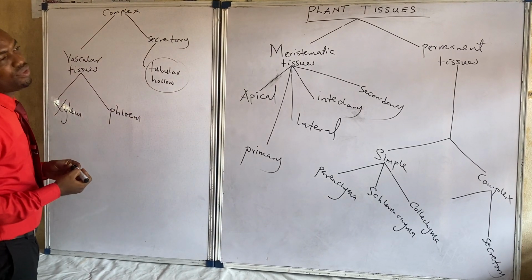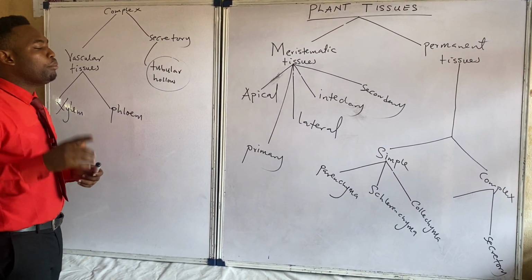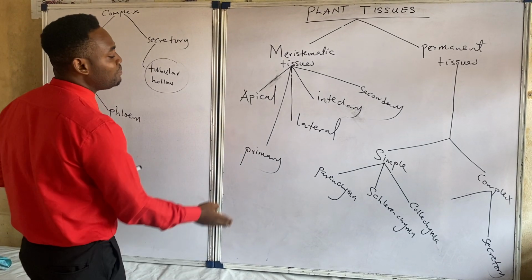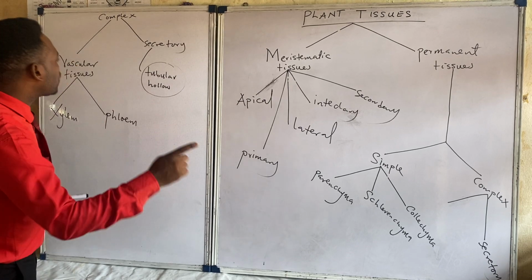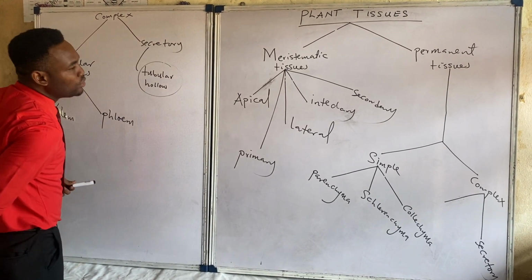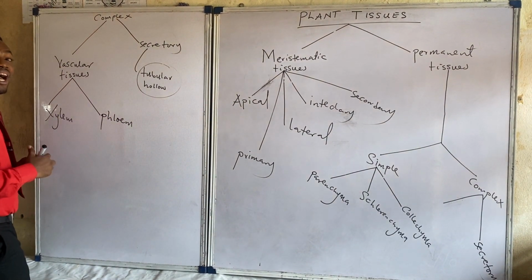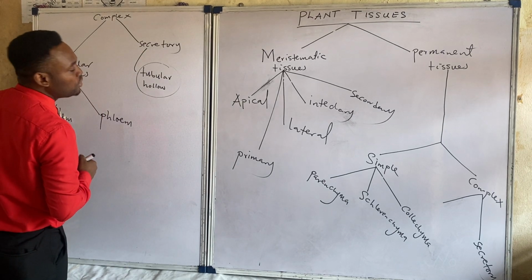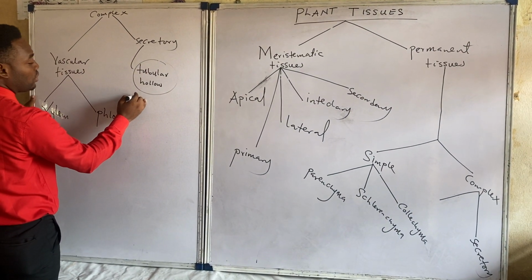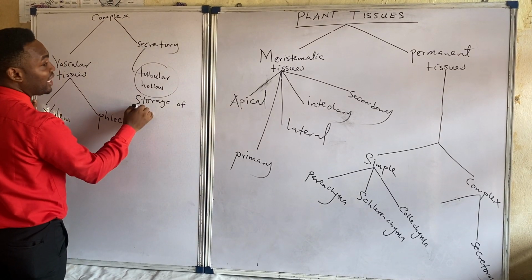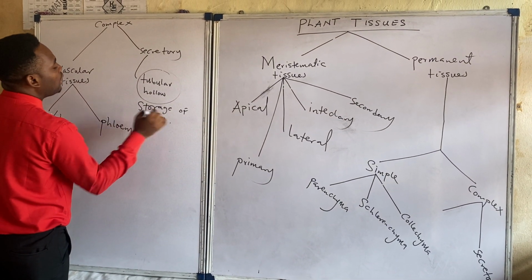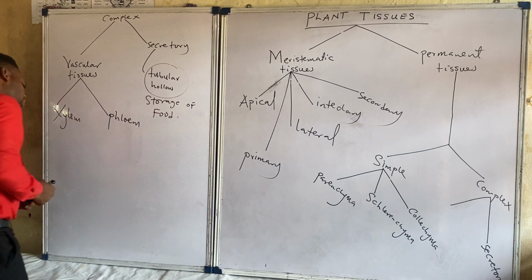Some of them are even involved in the manufacturing of food, but manufacturing of food is majorly given to what? Parenchyma. But storage of food is the major function of the what now? The secretory tissues. I would say their major function is storage of manufactured food. Storage of food.